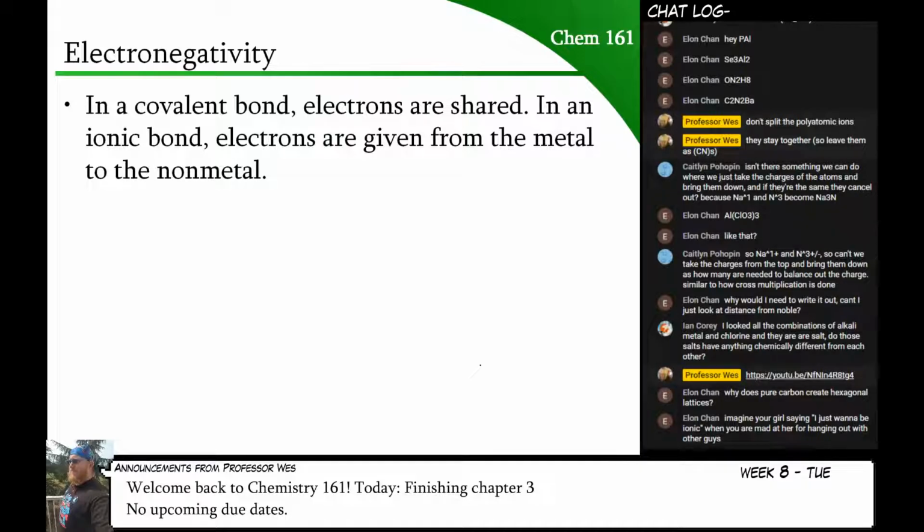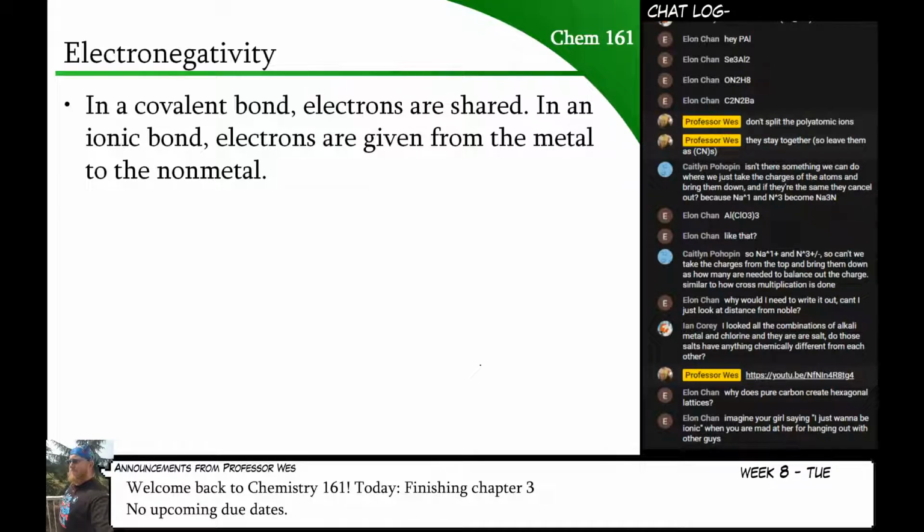That's great and all. But it turns out that for some elements, this is not as cut and dry. And remember how I talked about how elements in group 4A or group 14 don't really have a direction that they prefer? Like, we never did figure out what ion carbon forms, or silicon.